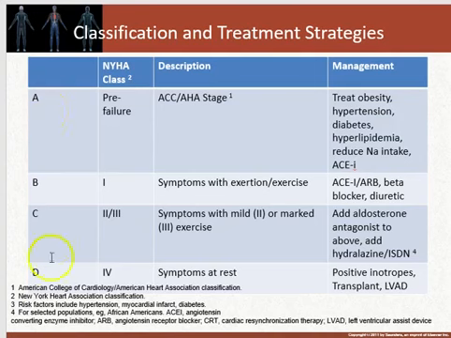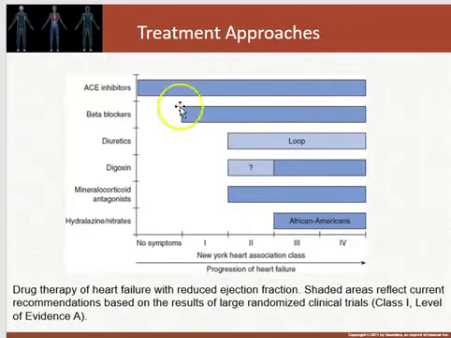Likewise, here we're comparing the stages of heart failure with the classes of heart failure from the 2 different staging criteria and how they manage it. Basically this table summarizes the previous flow chart with what I just said, and this also summarizes that as well if you're a visual learner.